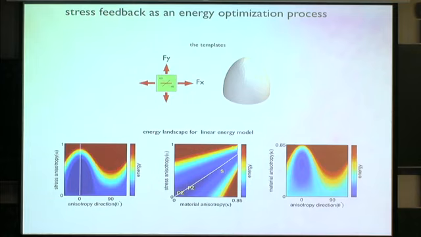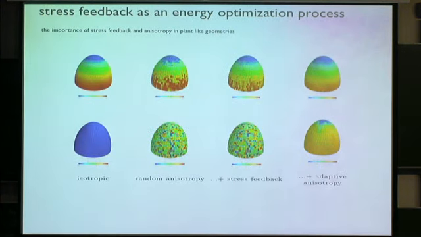And if you assume that you have a certain value for stress anisotropy, there is a unique minimum for material anisotropy and anisotropy direction that defines the situation of the material that minimizes the energy. And here we started from an isotropic material, which is pressurized.